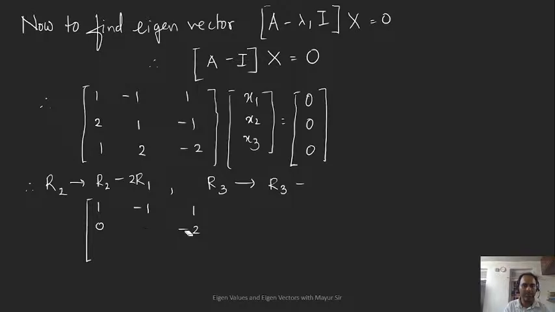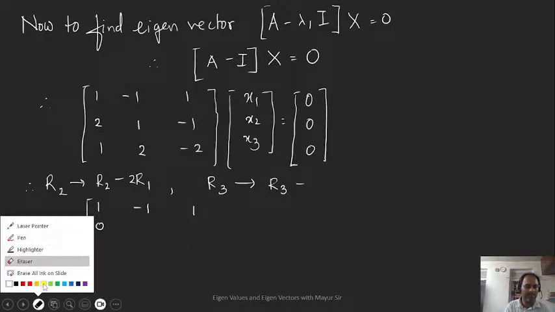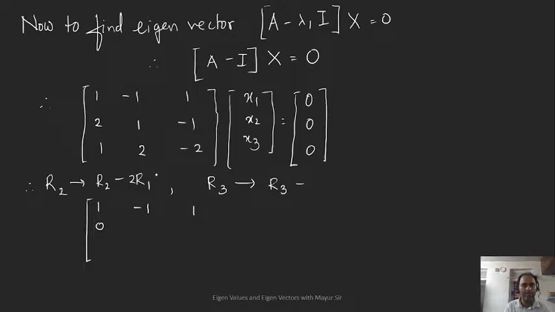It is not 2, here you must get 3. 1 minus 1 will give you 3, 1 minus 2 into minus 1, here you will get 1 plus 2, so that is 3, and then minus 1, then minus 2 into 1, so you get minus 3 here.